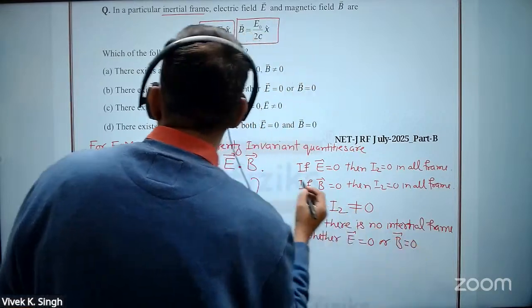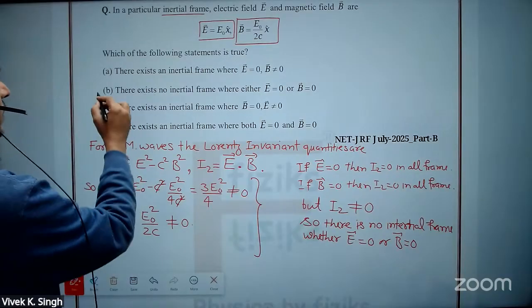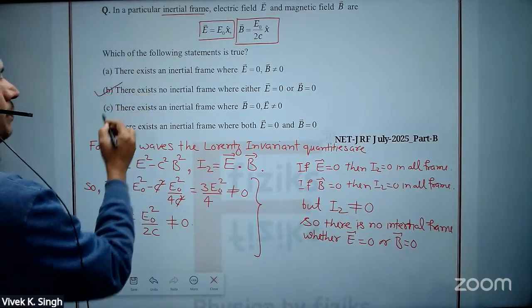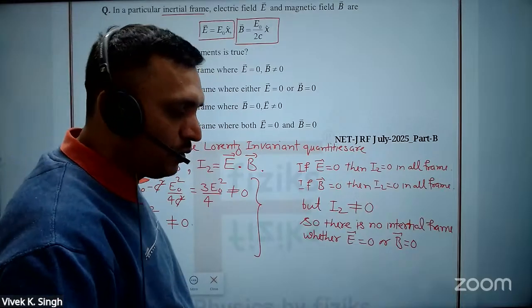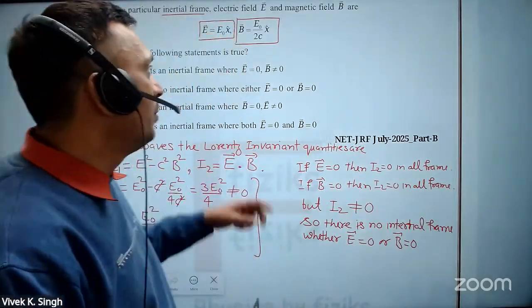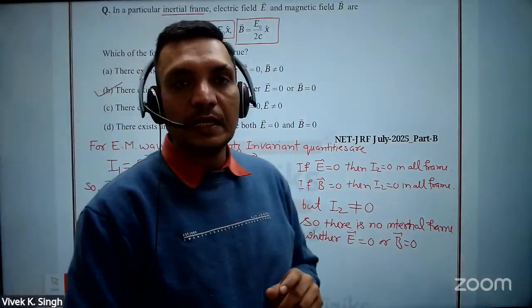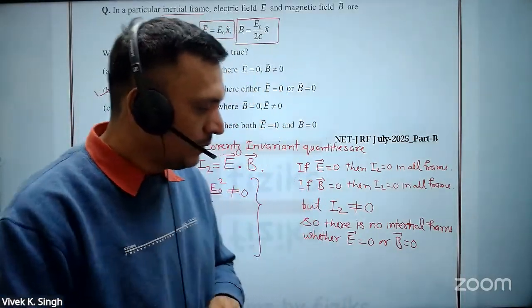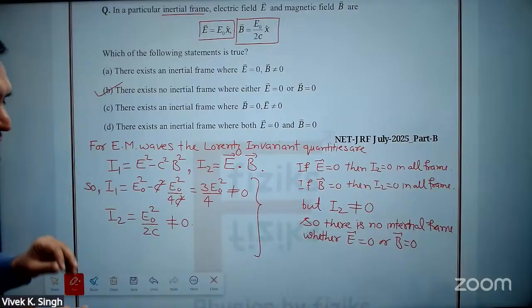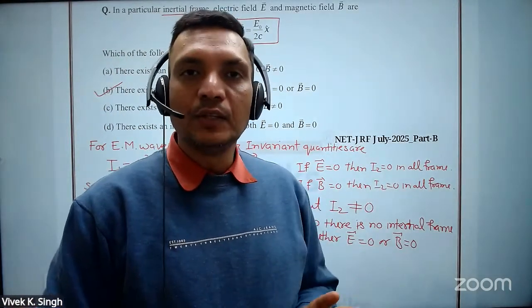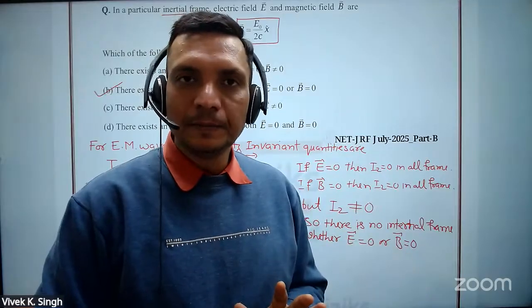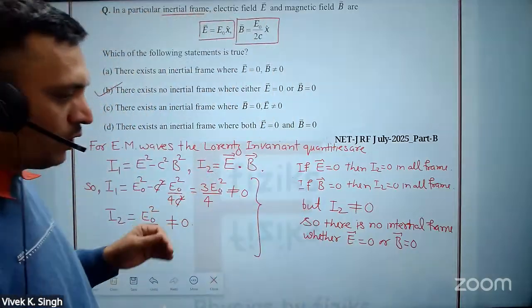So the best option is B1. There exists no inertial frame where E is equal to 0 or B is equal to 0. If that is 0, it must be 0 in all frames. So from the given condition also, you will get a non-zero value. Okay? So these are the questions related to electromagnetic theory of the July paper. Clear? So note it down.